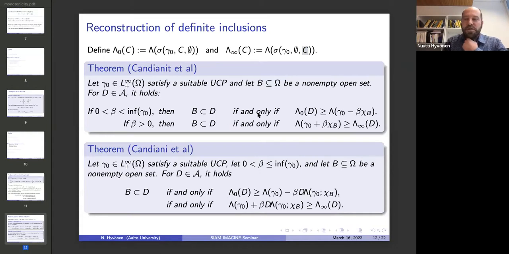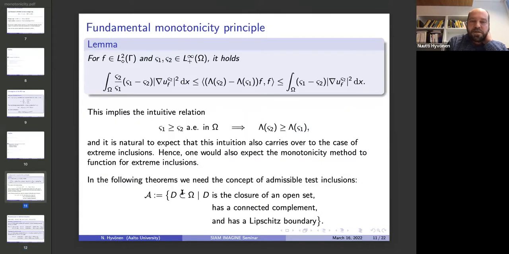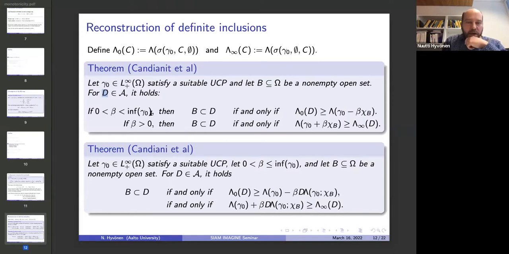And now the two theorems: one is more easily understandable, the other is numerically easier to implement. They characterize the inclusion D. So D is an admissible inclusion satisfying the conditions on the previous slide. Let's say that D is to begin with an insulating inclusion. And then I ask the question, does some test inclusion, let's say a test ball B, belong to D?